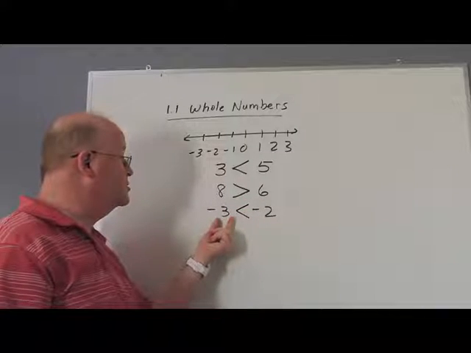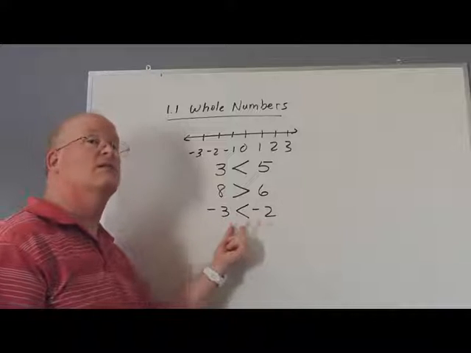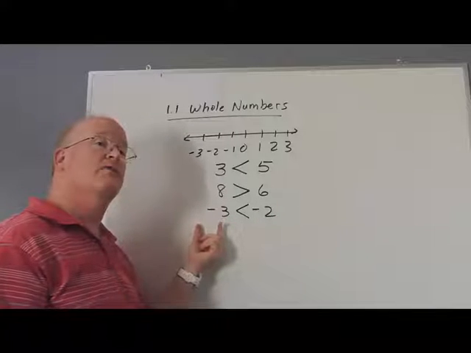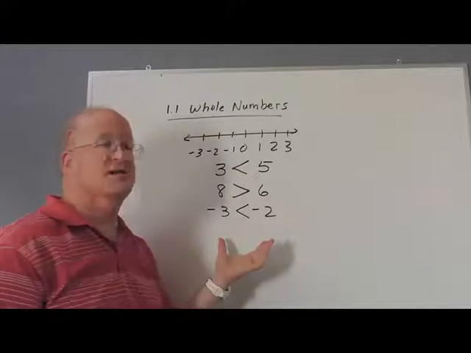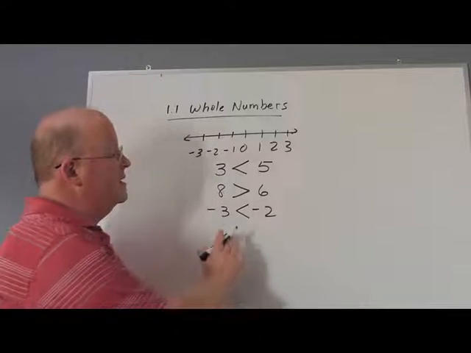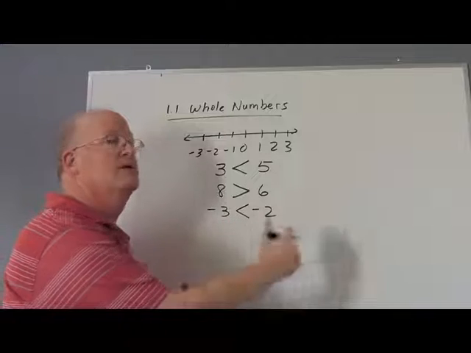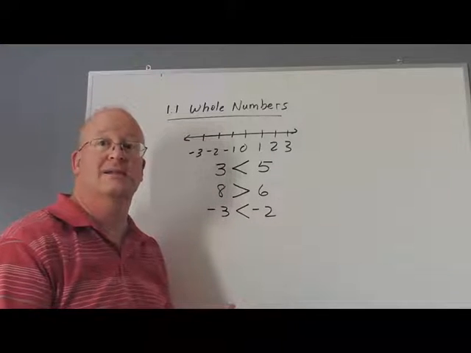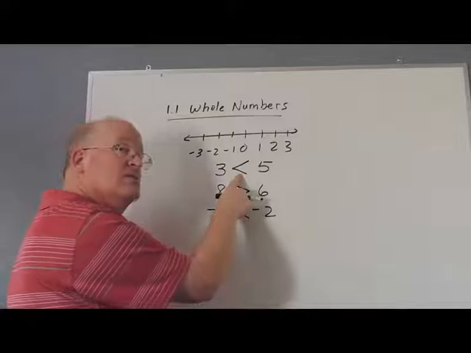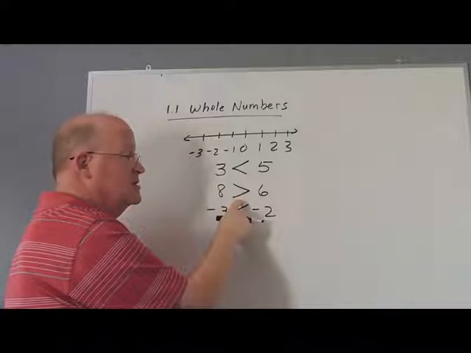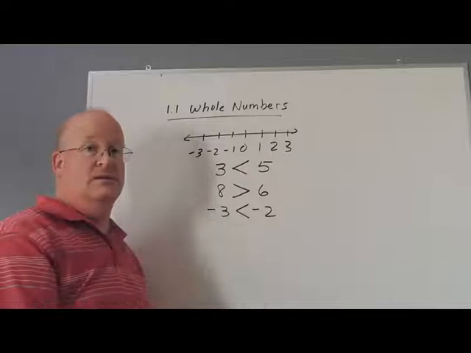Now, we don't just pay attention to 3 and 2, because 3 is larger than 2, but -3 is less than -2. Now, I don't want you just to have the skill down of being able to place the proper symbol in between two numbers when you're asked to do so. I want you to know that this first symbol is the less than symbol, and the next one after it is the greater than symbol.